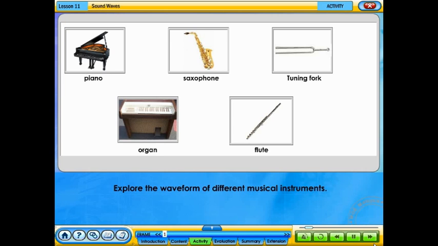Explore the waveform of different musical instruments. Click on any musical instrument.